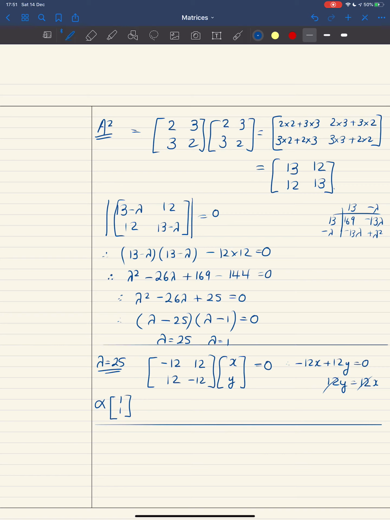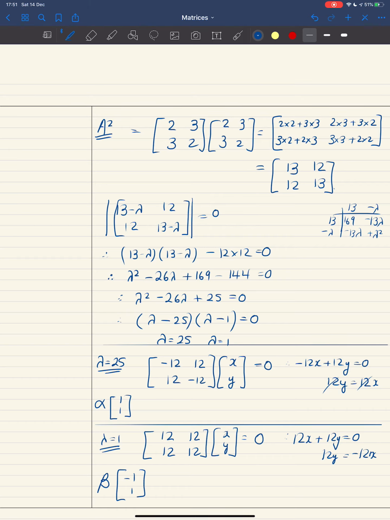Then our next one, lambda is 1. 12, 12, 12, 12, times x, y is 0. 12x plus 12y is 0. So 12y is minus 12x. So the eigenvector is minus 1, 1.